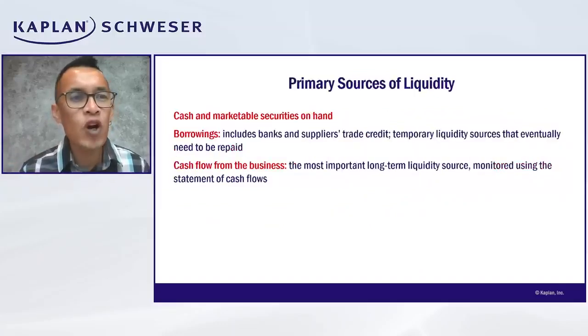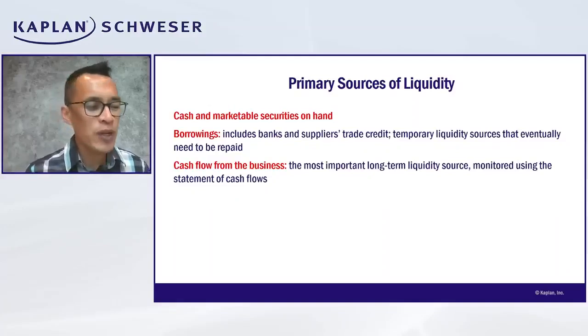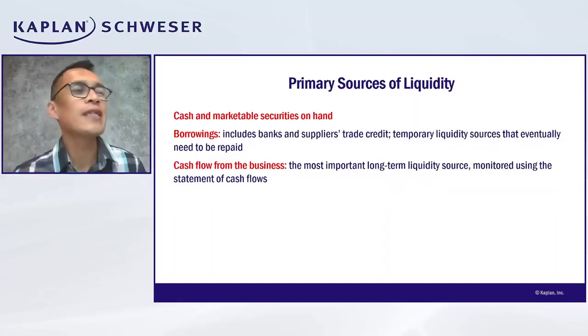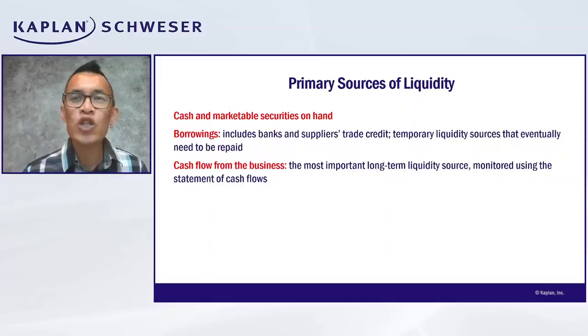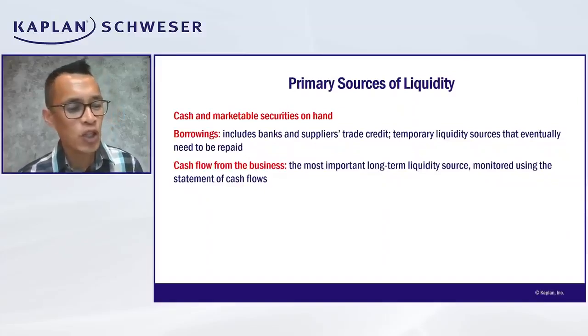Now, moving on, if you look at liquidity and think about working capital management and your role, let's say as the chief financial officer, you would need to be able to come up with primary sources of liquidity to fund a potential temporary or short-term cash shortfall.